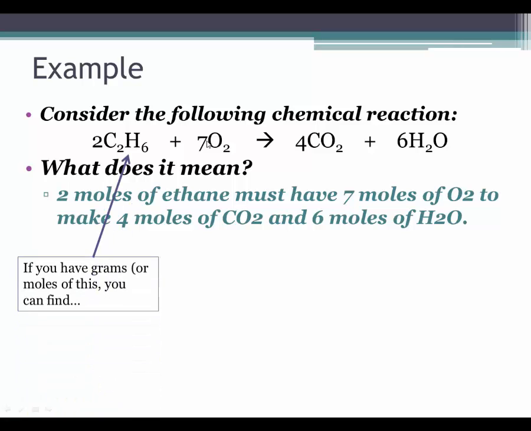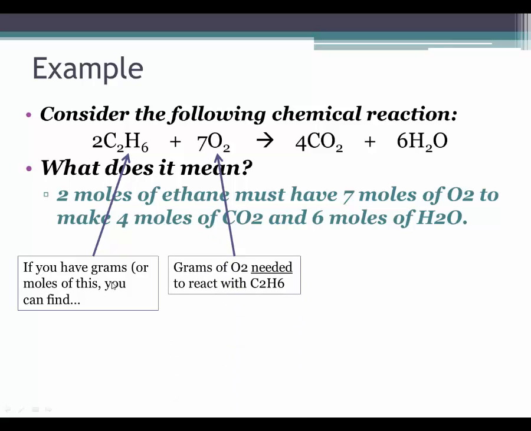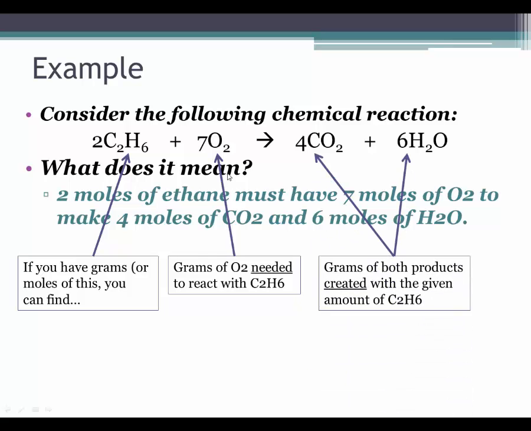And how do we do that? Well, if we know the grams of ethane that we need, we can use that to find the grams of oxygen that we need. And we can also use that amount to find the grams of each of these products that are going to be given when we react these two reactants.